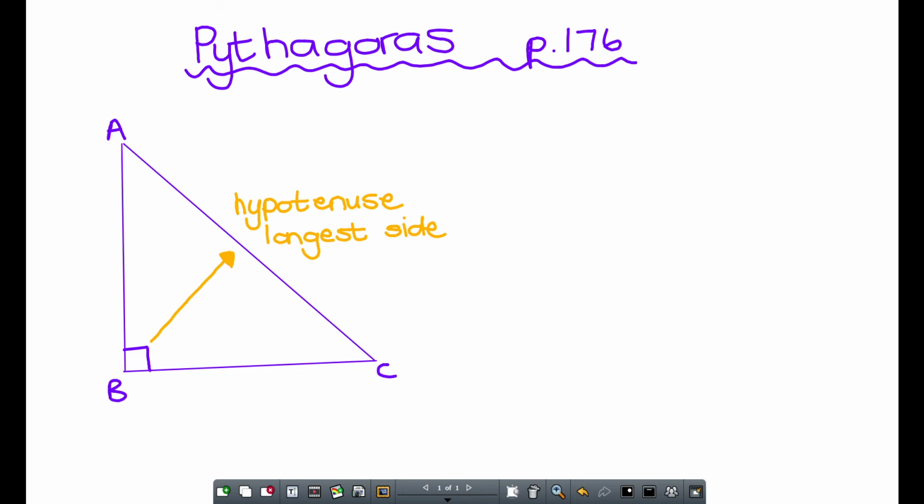So basically, I'm going to take AB and BC. I'm going to square each one of them. So AB squared and BC squared. And I'm going to add them. So can you see I took my two short sides, squared them, and added them. And they will be equal to my hypotenuse, meaning AC, but also squared.